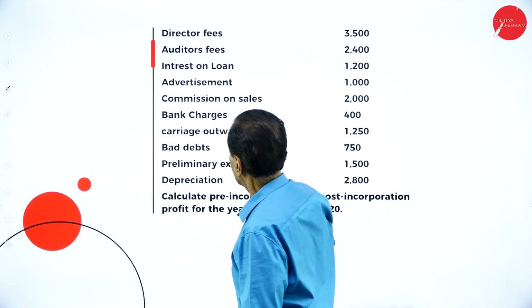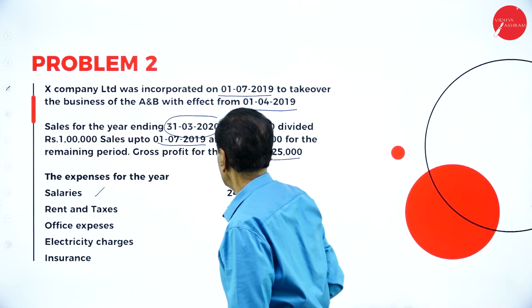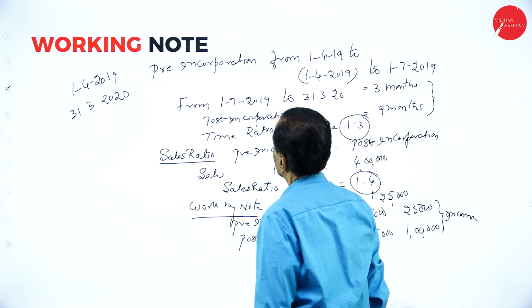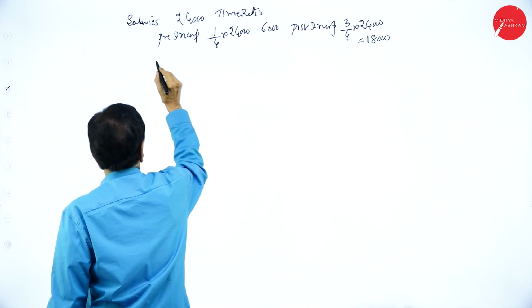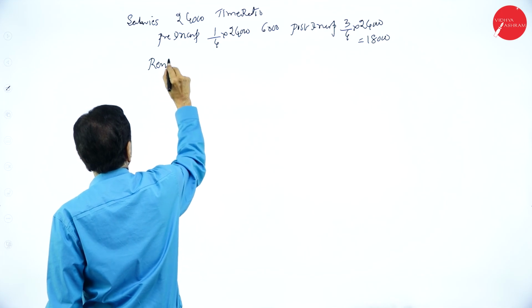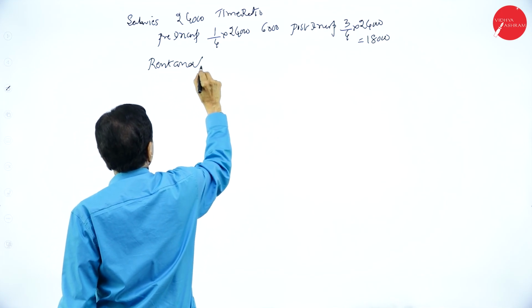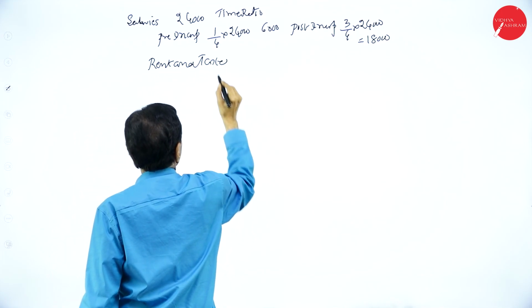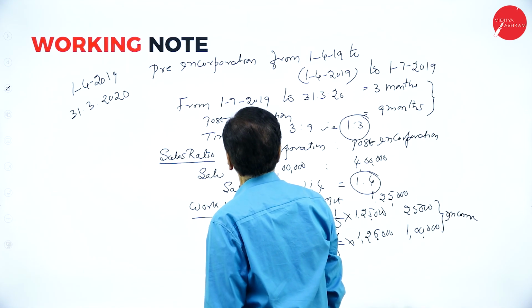What's the next one? Rent and taxes, 9,600.